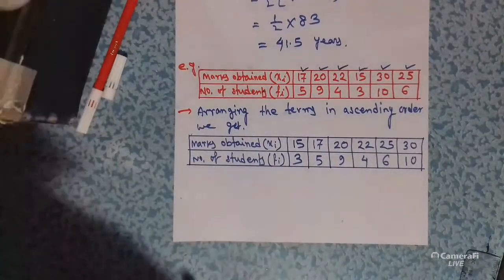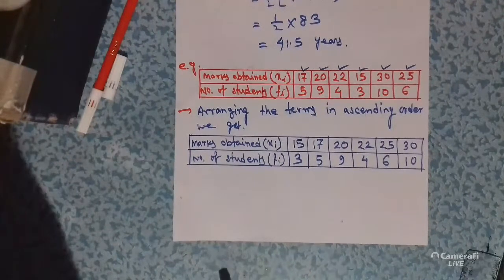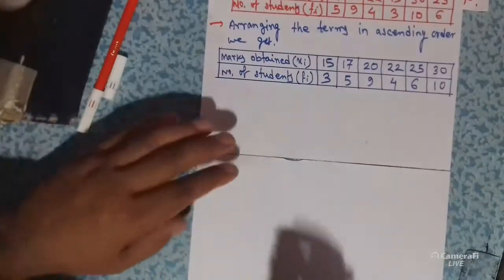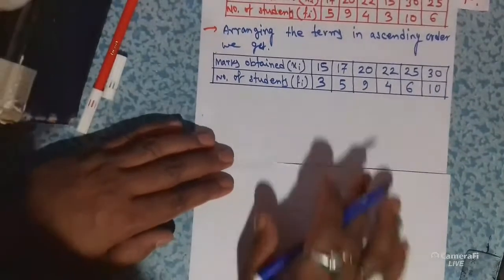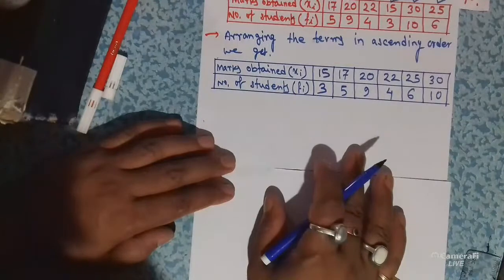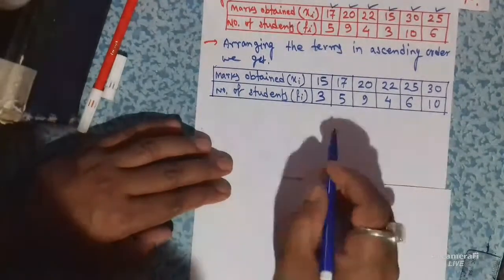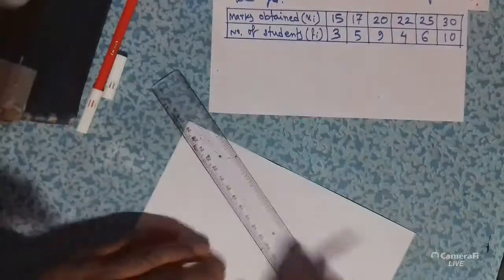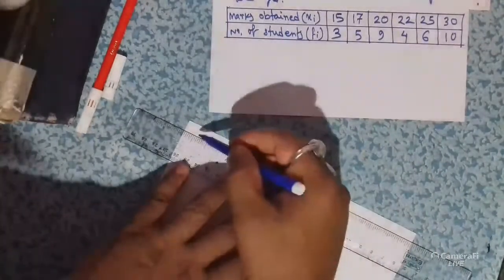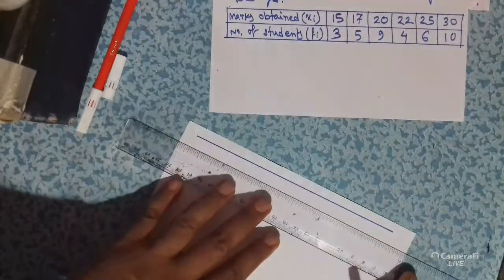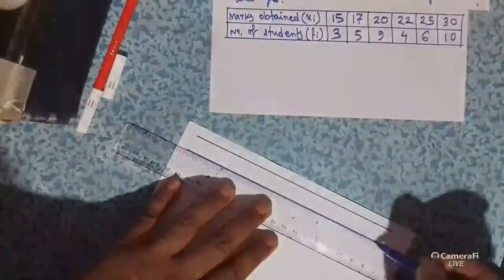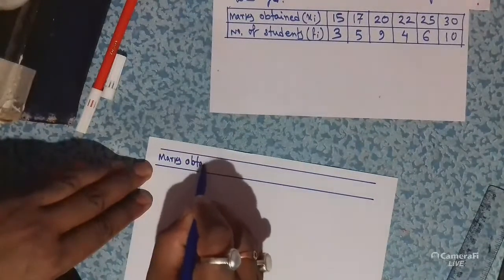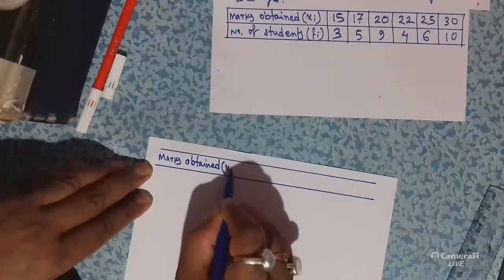Now what will you do? Now you must again make a table. Marks obtained, it is xi.